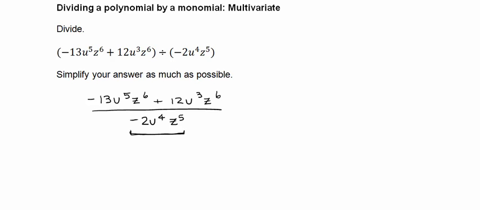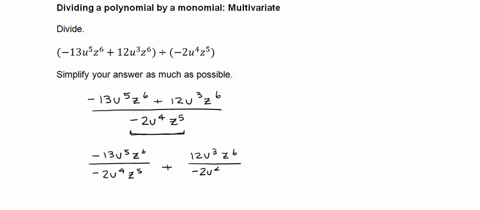So that's a monomial, and I'm going to put that denominator, and I'm going to pair it with each numerator. So I have a negative 13 u to the fifth z to the sixth divided by negative 2u to the fourth z to the fifth, and I'm going to have plus a 12u to the third z to the sixth all over negative 2u to the fourth z to the fifth.